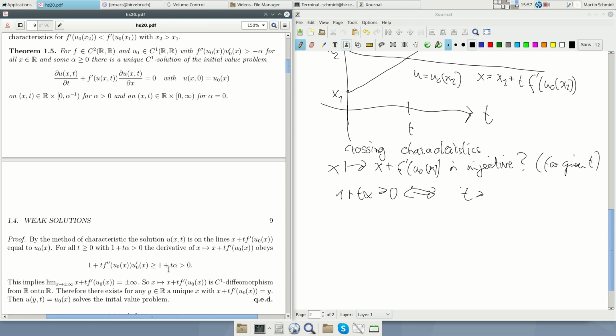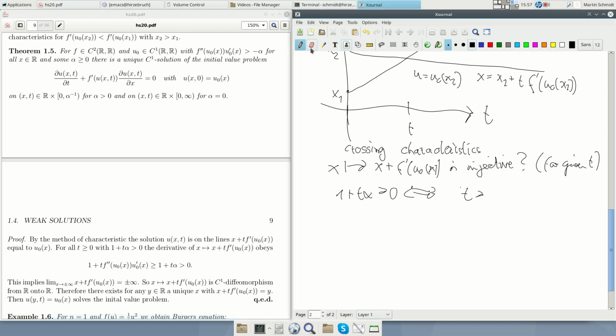This is of course larger than 0 because alpha is positive and t is positive. So we don't have any restrictions. We see this is indeed always positive.